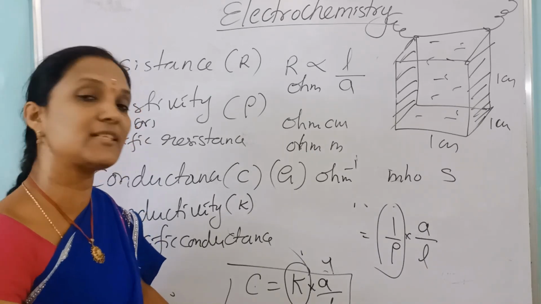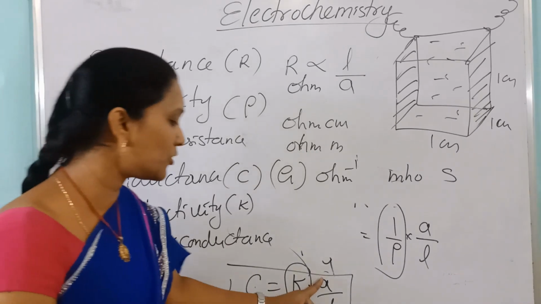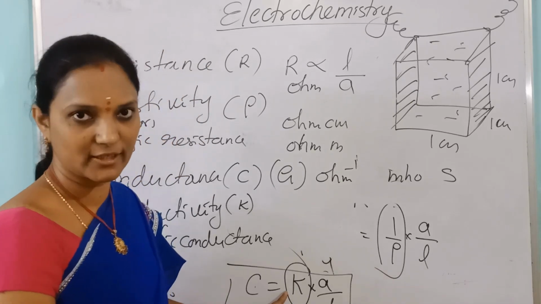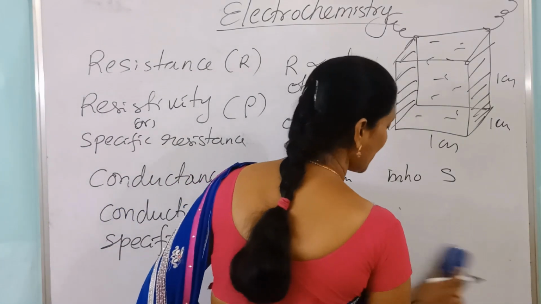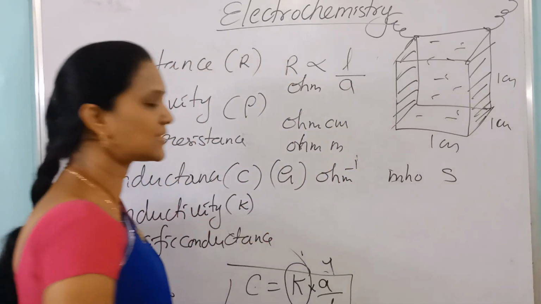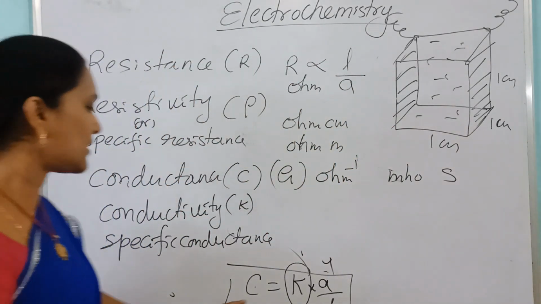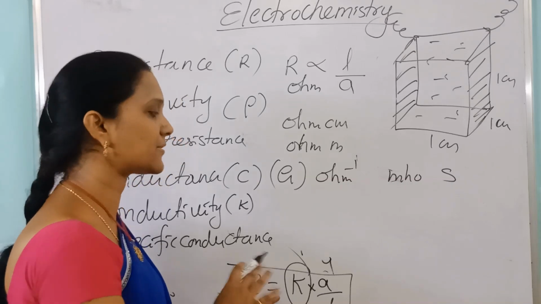If both are 1, then it is the conductivity. So C is equal to K. The conductance of electrolyte in 1 cc electrolytic solution is the conductivity or specific conductance.